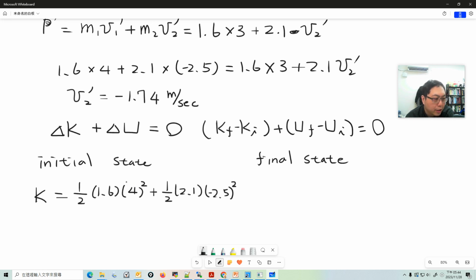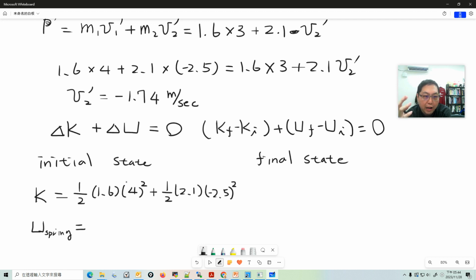Square. That's our kinetic energy at the initial state, and the potential energy. Because this system has a spring, we consider elastic potential energy. Gravitational potential energy we don't consider, because it's horizontal, one-dimensional motion, so there is no height change.